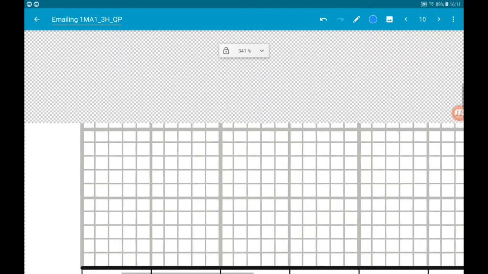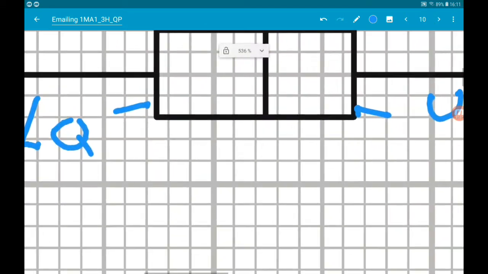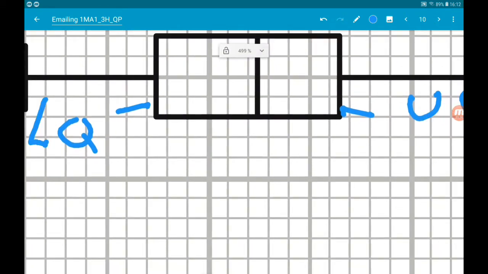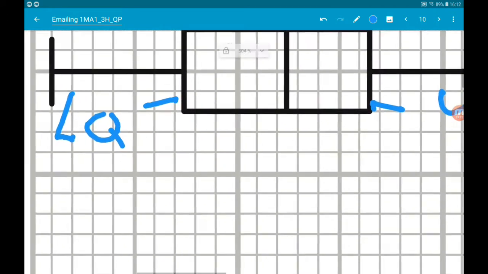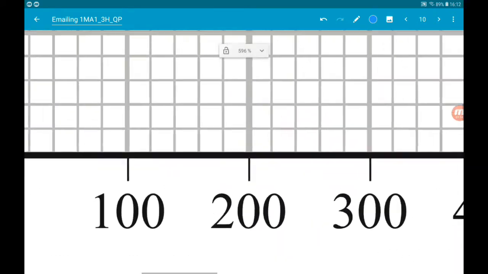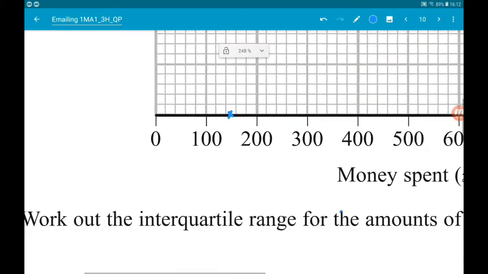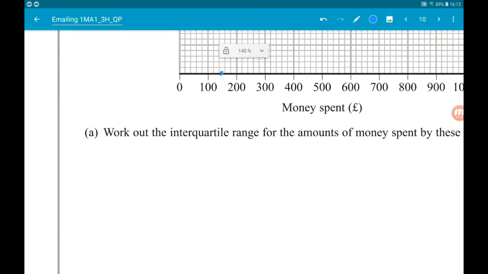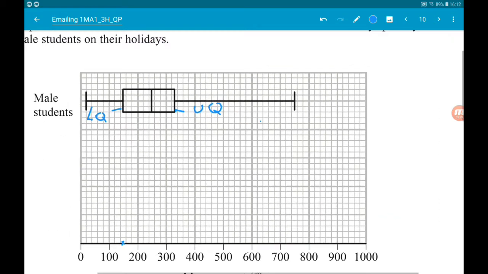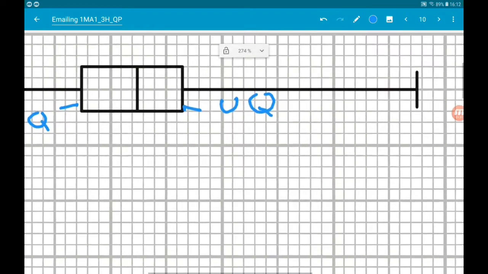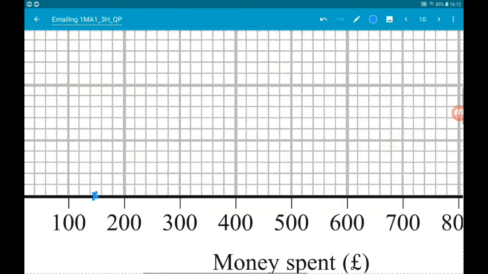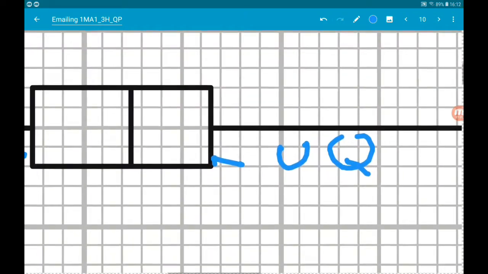Every little square then is 20. So the lower quartile is in the middle. So that's going to be 150. And the upper quartile is just to the right of 300.